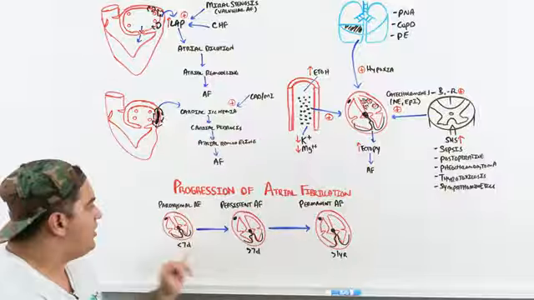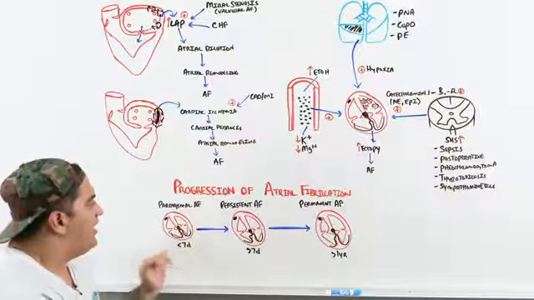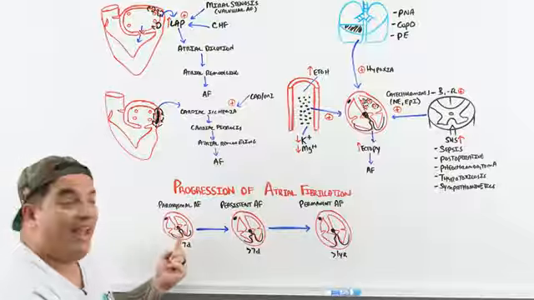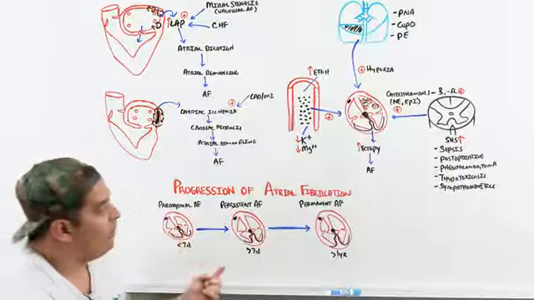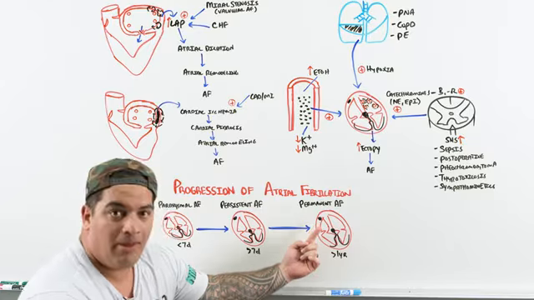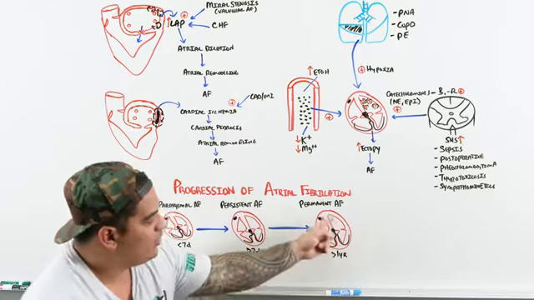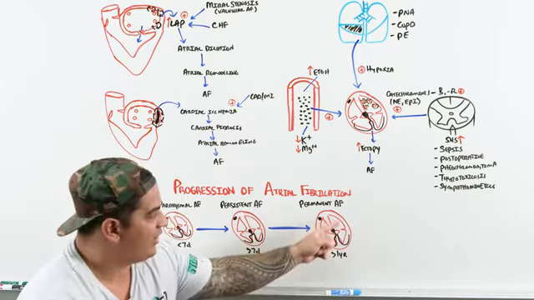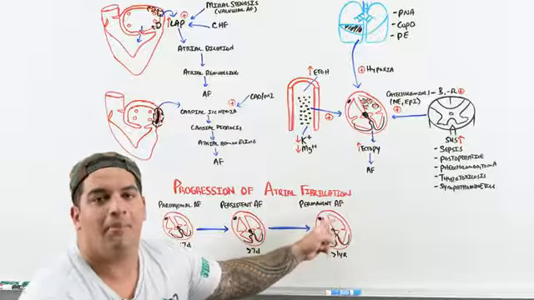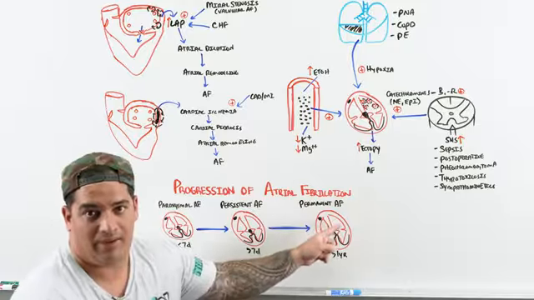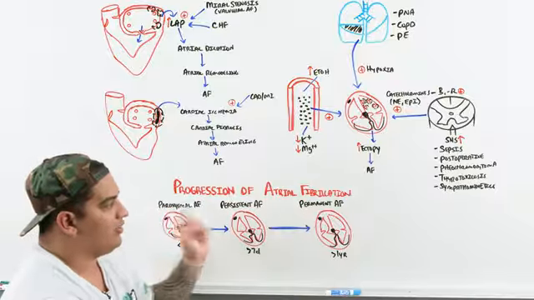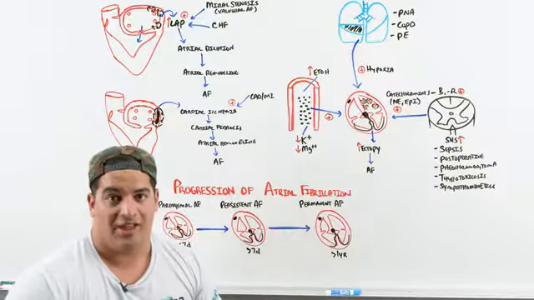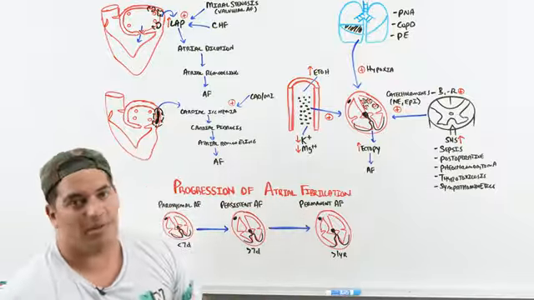Paroxysmal patients may have a little bit more of an ability to convert from AFib into a normal sinus rhythm. Whereas patients who are in permanent AFib are already locked into this new remodeling and altered circuitry that it's literally impossible to snap them into a native rhythm. So that's really important terminology, and we'll come up with a lot of other terminologies as we go throughout this lecture. Let's move into the complications of AFib.